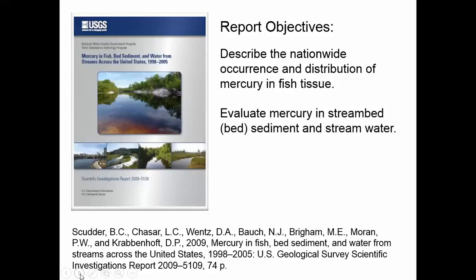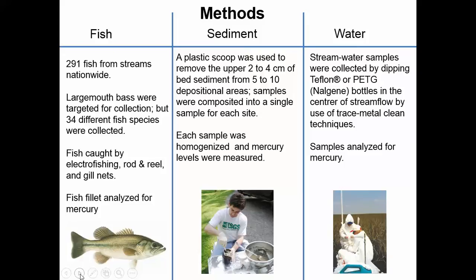So what you're going to see in your case study is there were some experiments done to investigate mercury in fish, mercury in sediment, and mercury in water in streams across the U.S. over about a 7-year period. Their methods were they analyzed 291 different fish from streams nationwide.